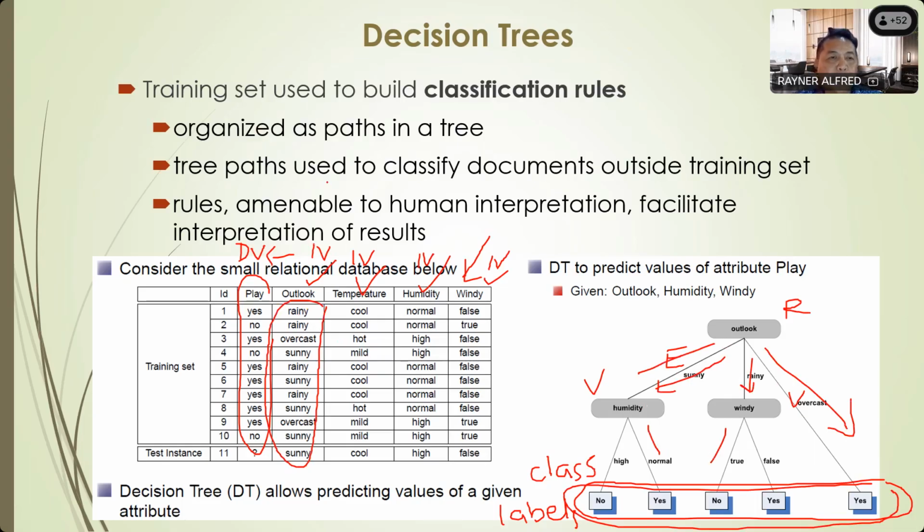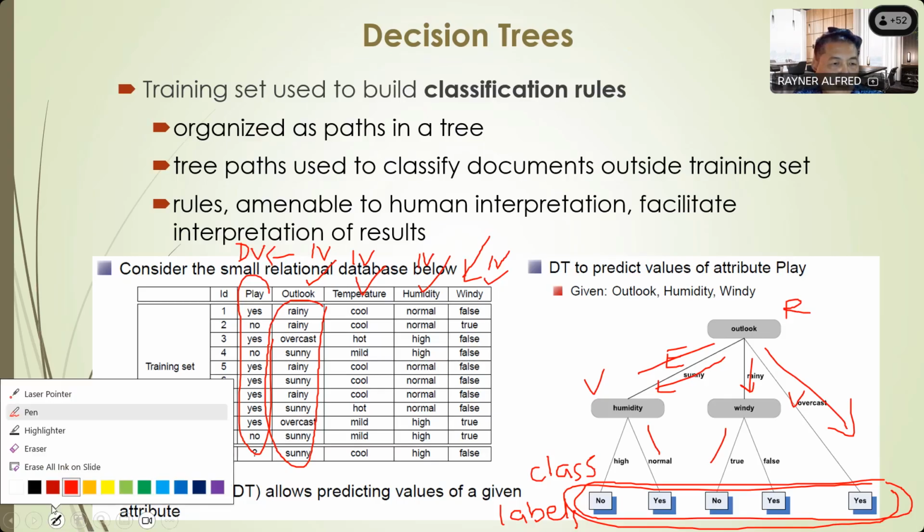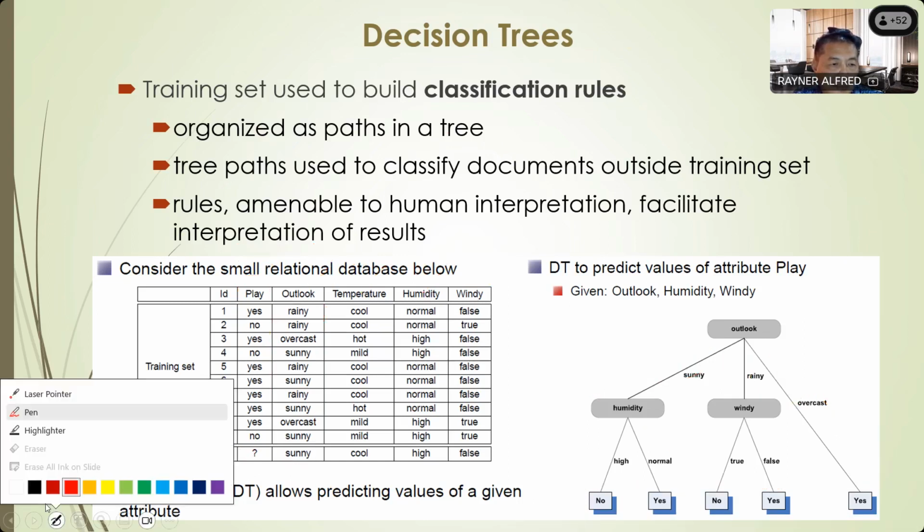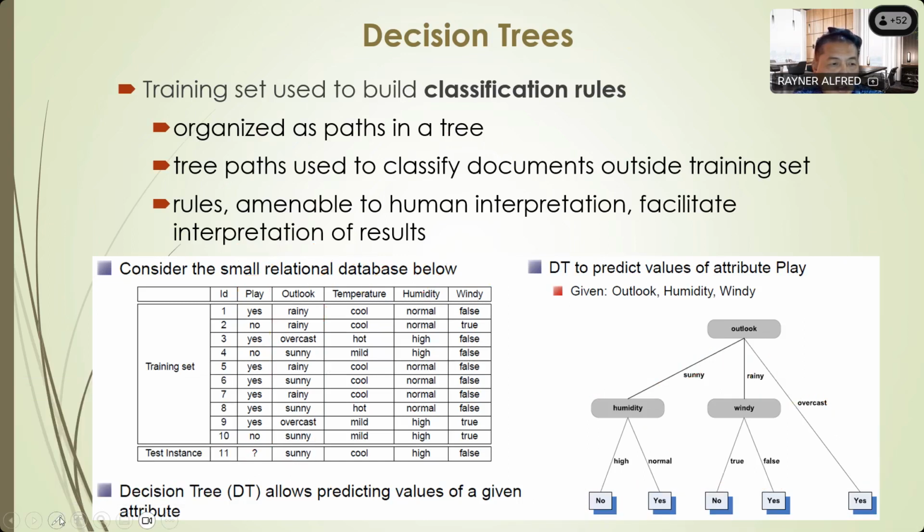For a decision tree, the rules are organized as paths in the tree. If you look at one path here, this is considered as one predicate.